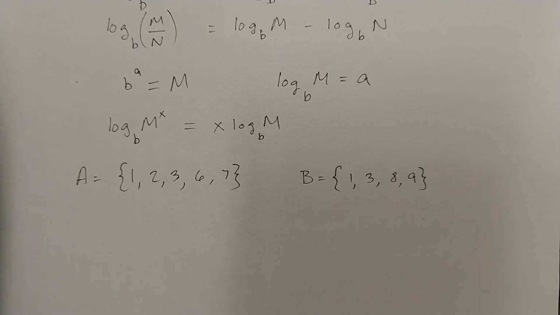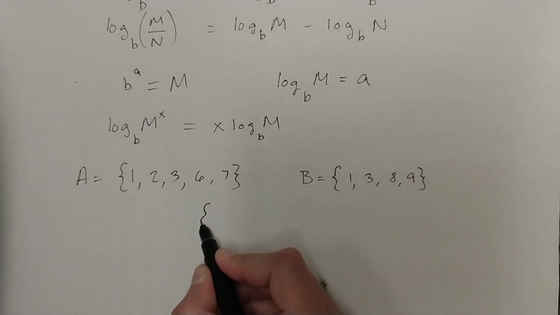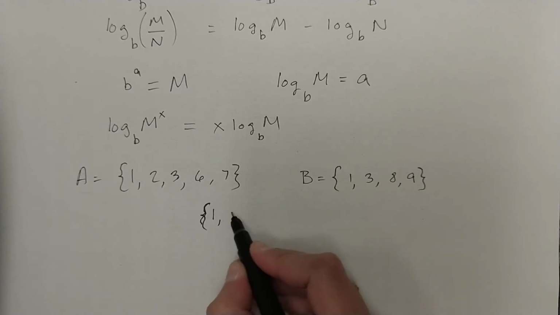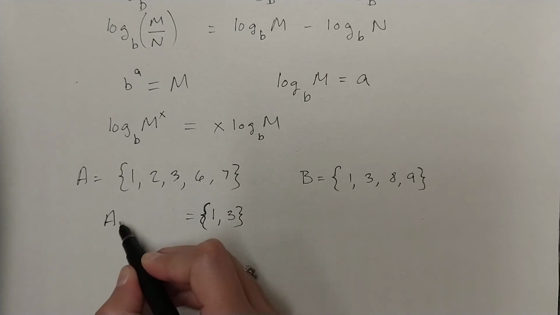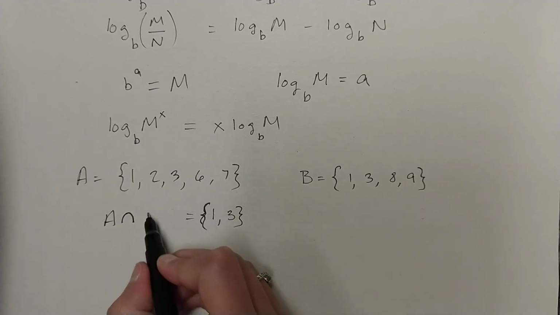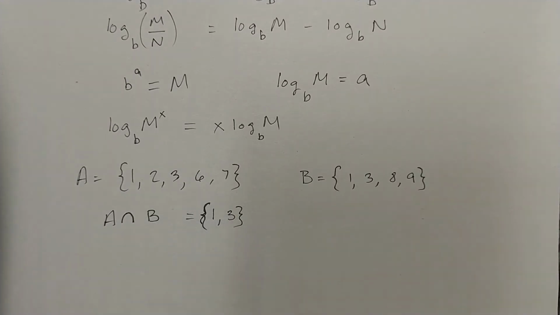In this case, we have numbers. All right, so the intersection of these two sets would be the numbers that they have in common. Oh my gosh, I can't make brackets today. Which are 1 and 3. And we write this as the intersection of A and B, and we use this symbol. Intersection of A and B is 1 and 3.